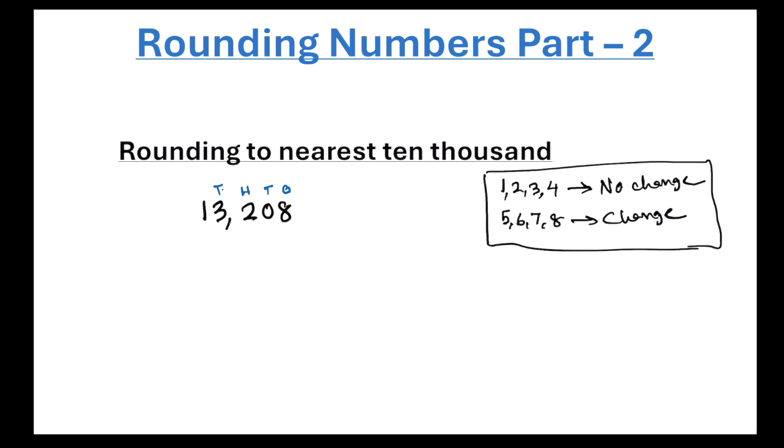Thousands place digit is 3. And 10,000 place digit is 1. So first we are trying to find out the 10,000 place digit. So the digit is 1. We have to look at the previous digit, which is the thousands place digit. We see there is 3.